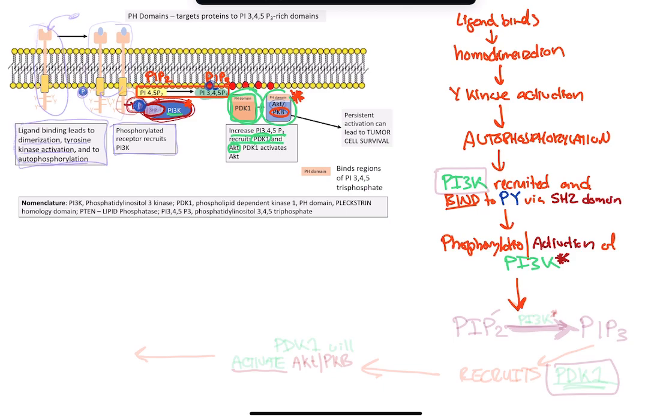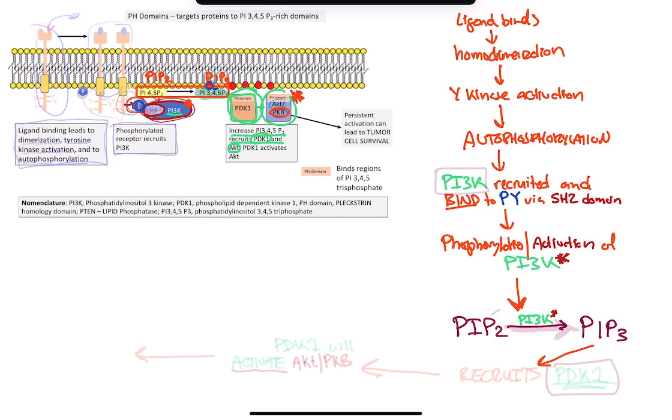Once we have that activation, we're going to see the transfer of PIP2 to PIP3. And that's going to happen via what? Via PI3K. Active. Okay?